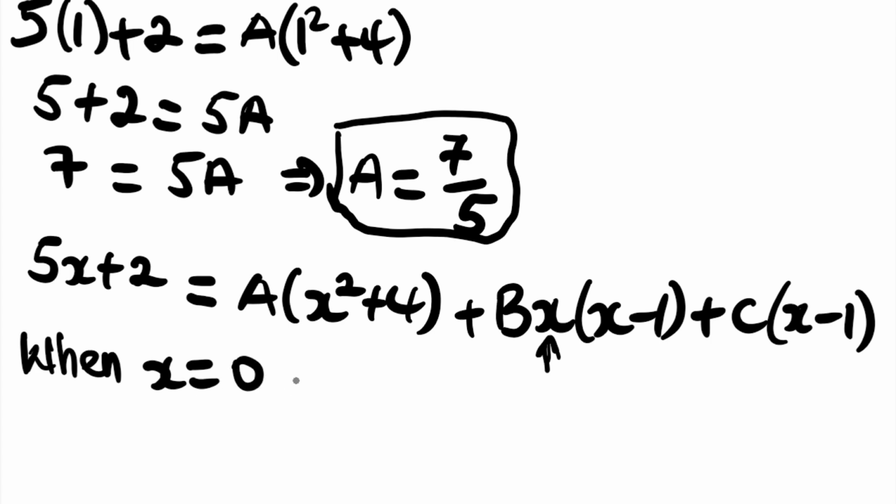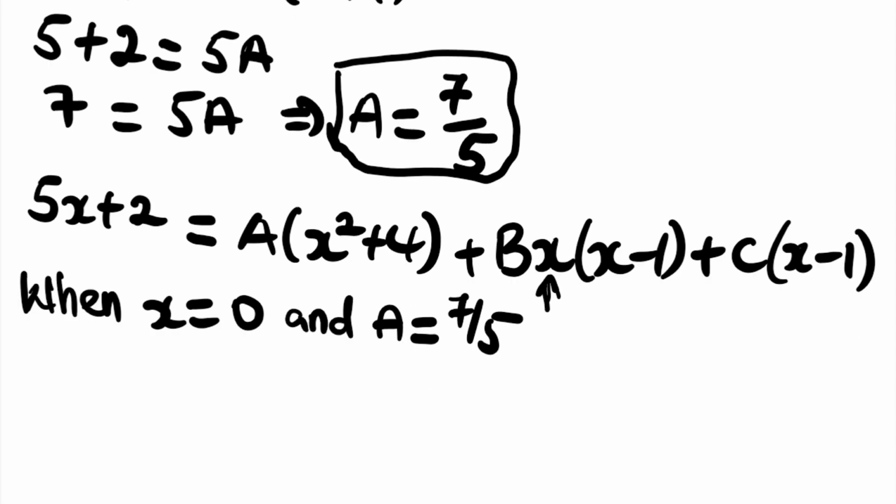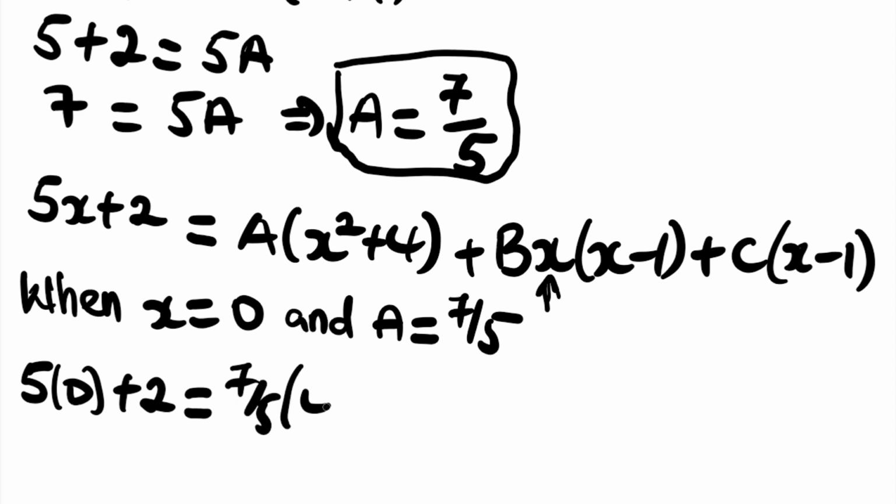When x equals 0 and A equals 7 over 5, that's what we had here, we are going to have 5 times 0 plus 2 equals 7 over 5 times 4, because we have that already, plus B is the one going, so it will be left with C multiplying negative 1, because 0 minus 1, the value of x is 0, is negative 1.